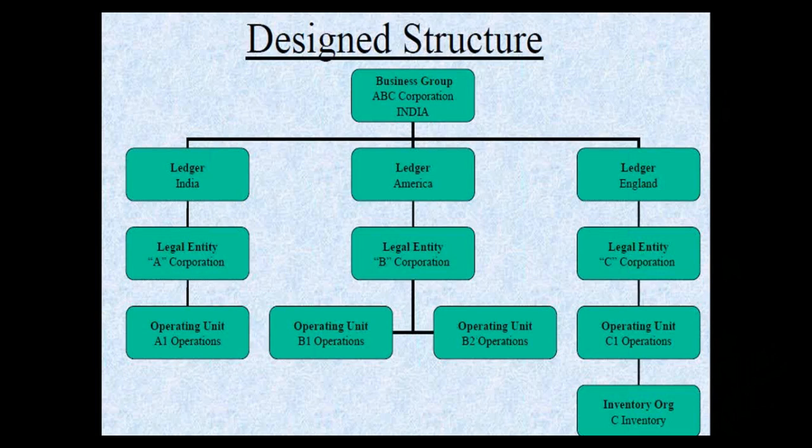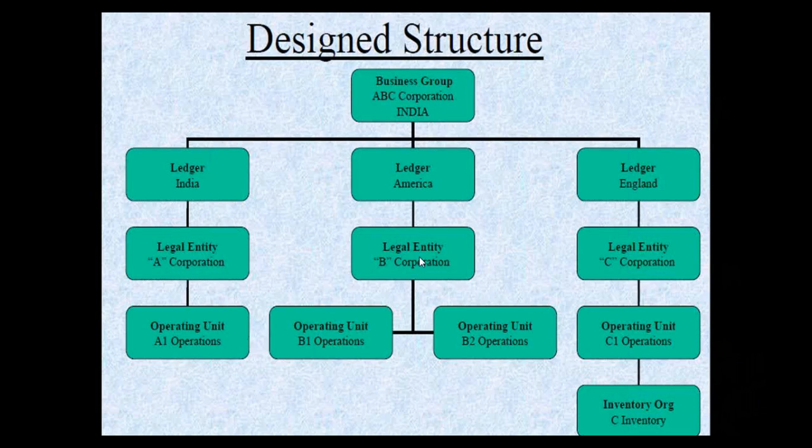For the legal entity, can there only be one? Legal entity can be multiple. Again, if they are in different locations, you can have multiple legal entities. So each location has its own legal entity. For Ledger America, it has one legal entity, or can it have multiple? It can have only one.